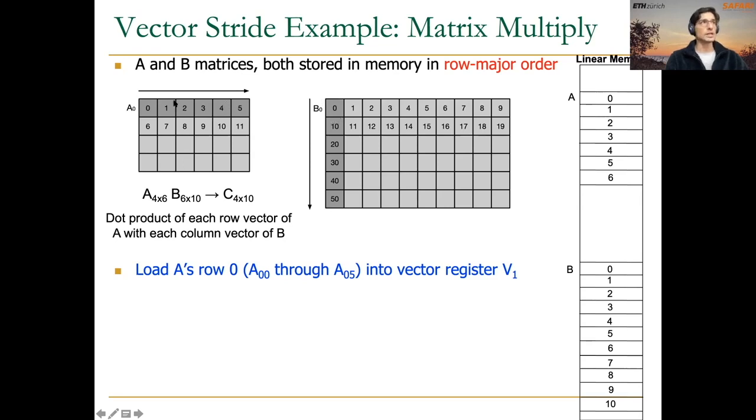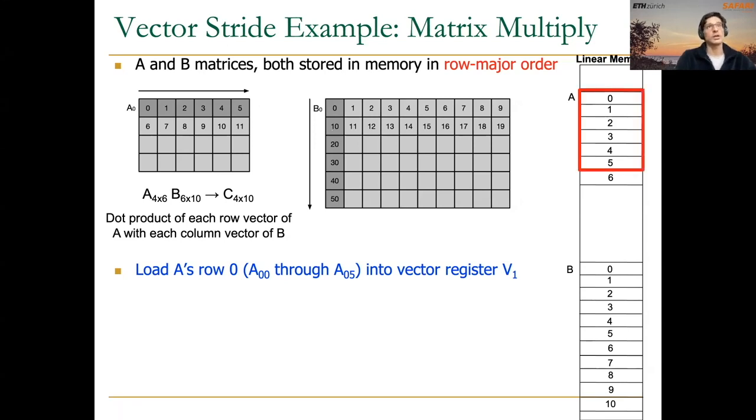So if we have to access these 6 elements, we will go linearly in memory. And the distance between 2 consecutive accesses is only 1. However, in the case of B0, the distance between 2 consecutive elements of the same column is 10, actually. And this 10 is the stride.